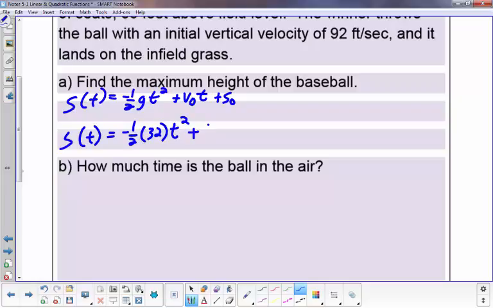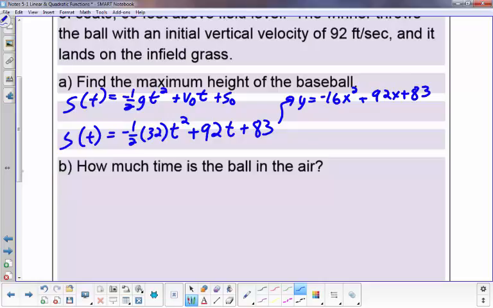Well, we know the initial velocity is 92 feet times t, plus initial height of 83. All right, well that gives us y equals negative 16x squared, because we're going to replace t with x, plus 92x plus 83.